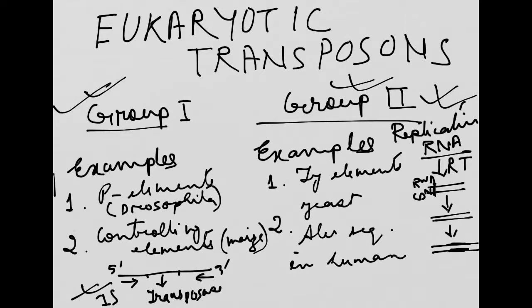These are examples. P elements and controlling elements are the examples of group 1. P elements are found in Drosophila, controlling elements in maize, and the examples of group 2 include TY elements in yeast and ALU sequence in human.